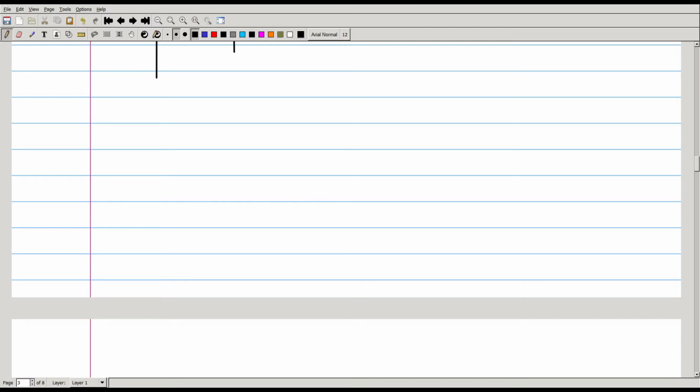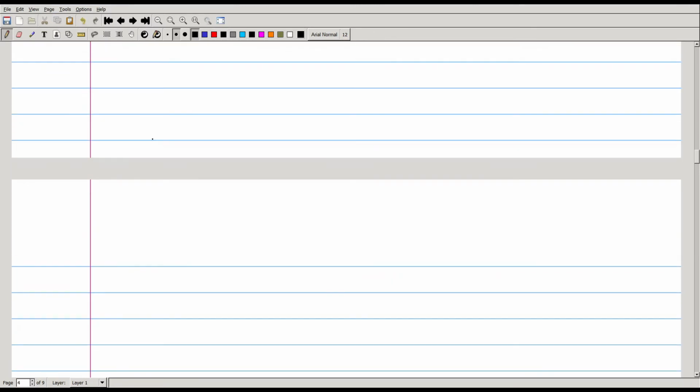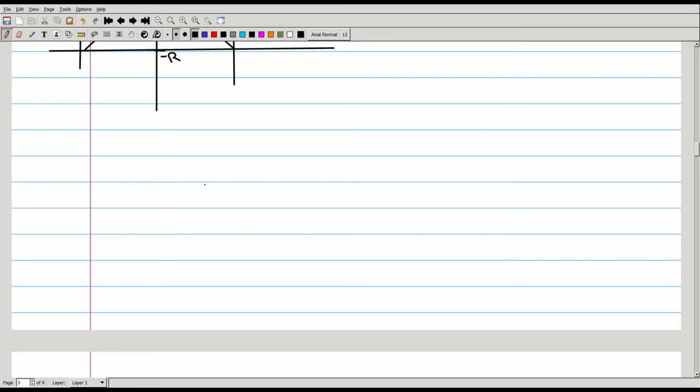So the total volume of this region is going to be given by the triple integral over the region of the constant function 1, this is always going to be true for us.